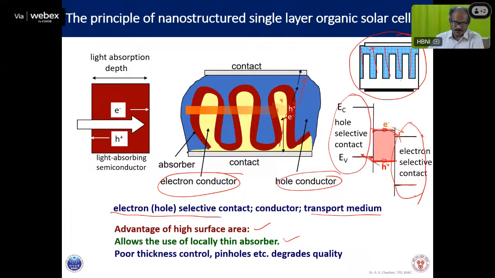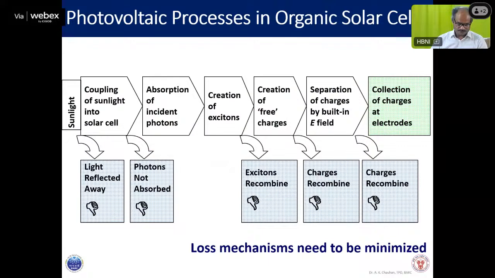The problem is that in such an assembly, it is very difficult to have thickness control. So at different points you will have different thicknesses. You may have pinholes also, and therefore the quality is degradable.